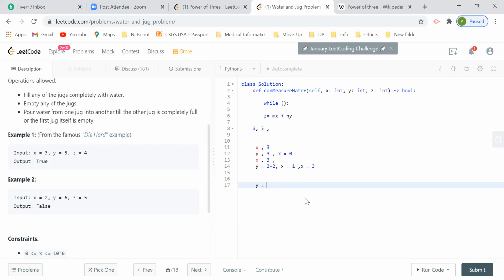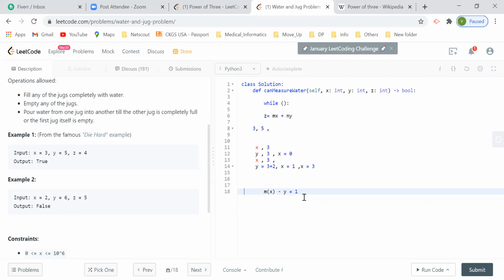I think mx, y minus mx equal to 1. So that's what we need to find out, right? So mx, the smaller number, right, minus y should be equal to 1.